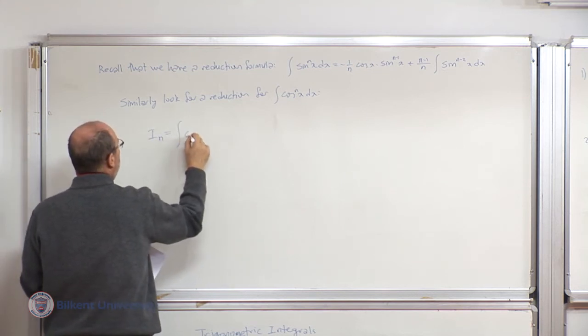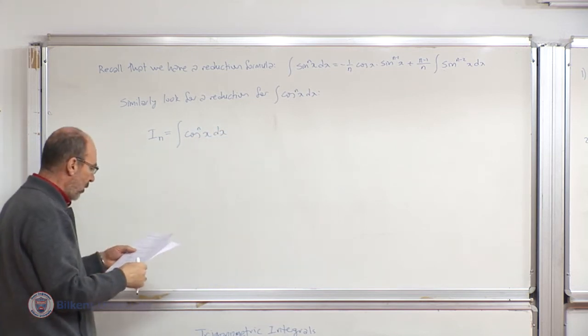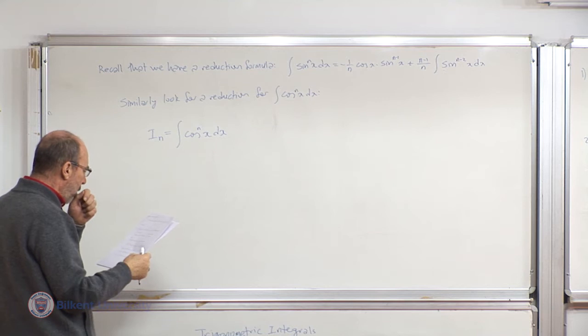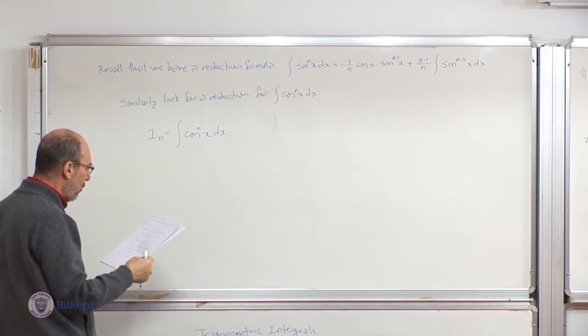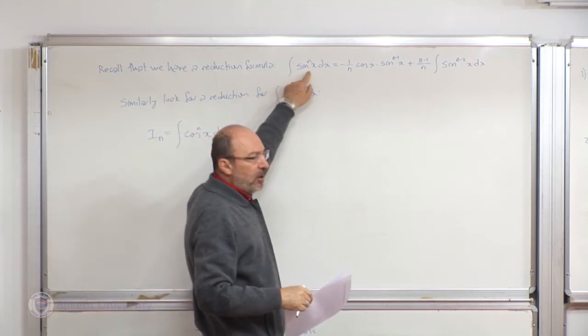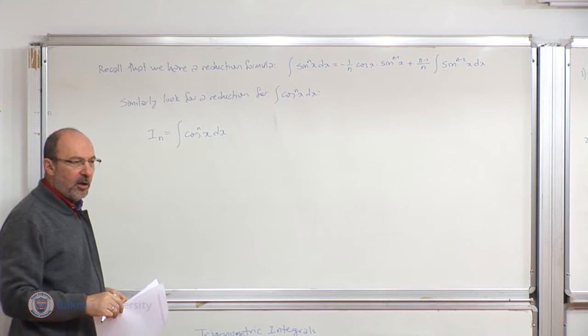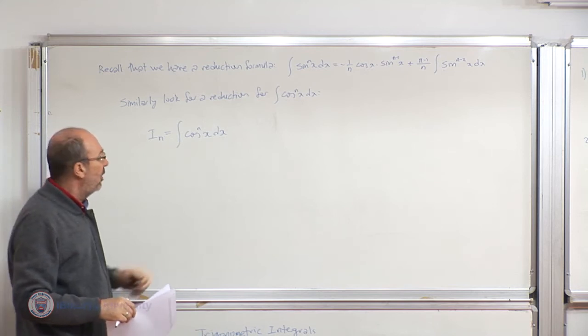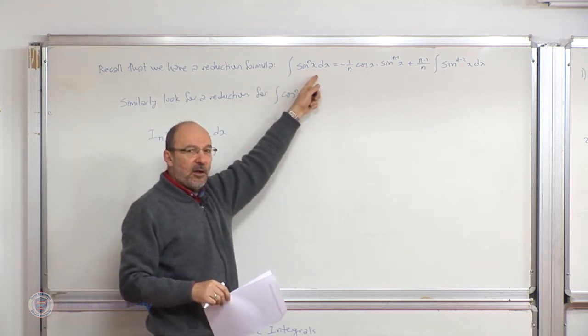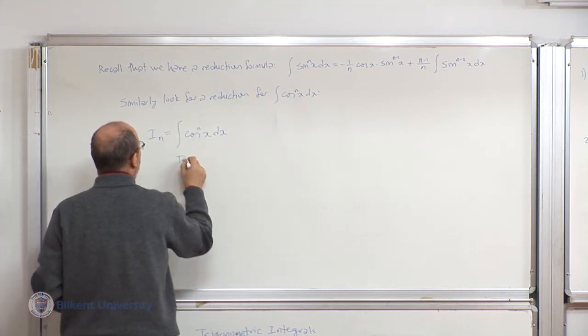So this is the integral of cosine to the power n x dx. Okay, so we check what we did here. So we try it here. If it works, we are fine. If it doesn't work, then we'll try to find something creative. Here we did integration by parts. So here, try integration by parts.